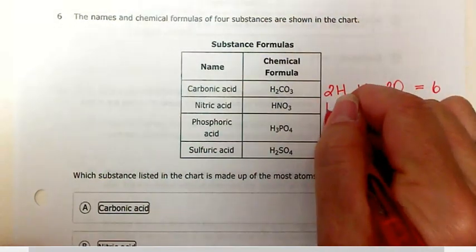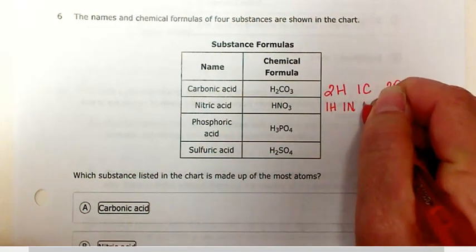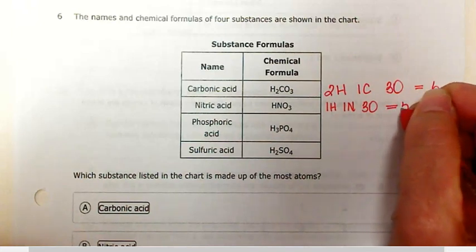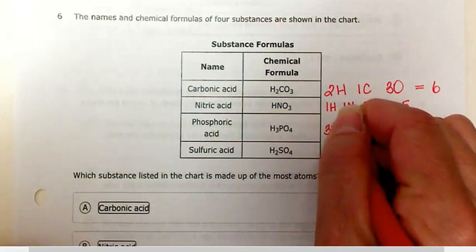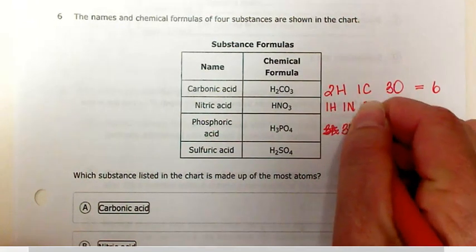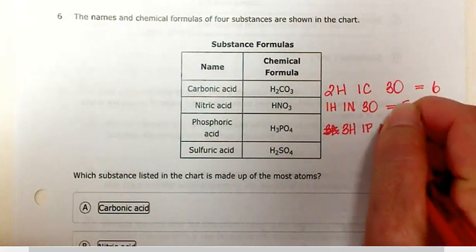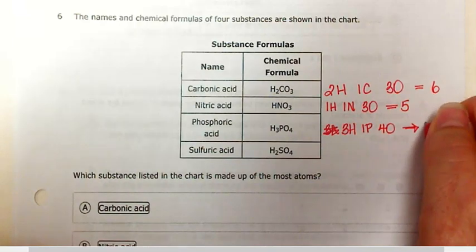Nitric acid has 1 hydrogen, 1 nitrogen, and 3 oxygens for a total of 5. Phosphoric acid has 3 hydrogens, 1 phosphorus, and 4 oxygens. 3 plus 1 plus 4 is 8.